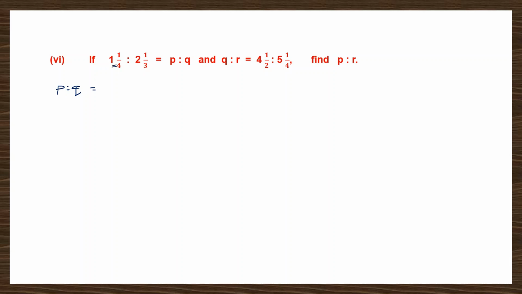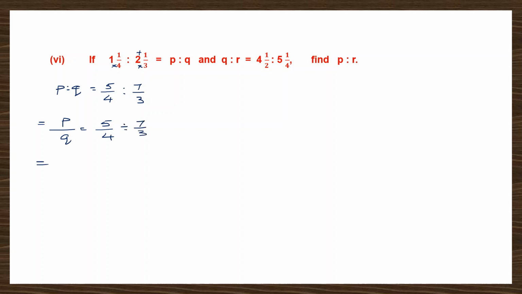Let's convert. 4 ones are 4 plus 1 is 5. 5 by 4 is 2, 3 twos are 6 plus 1 is 7. 7 by 3. So P is to Q is equal to 5 by 4 is to 7 by 3. Let's simplify this further. P by Q is equal to 5 by 4 divided by 7 by 3.